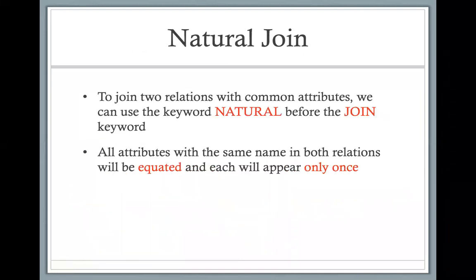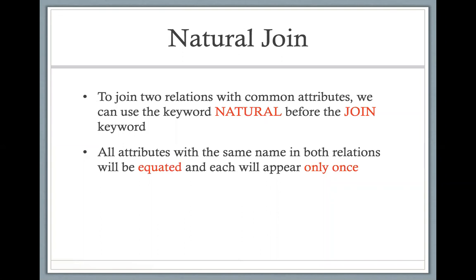Let's look at natural join. Remember natural join? Who can remind me what natural join is? We just did it in the exam. Basically it's joining 2 tables that have 2 attributes, or more than 2 attributes, with the same names.